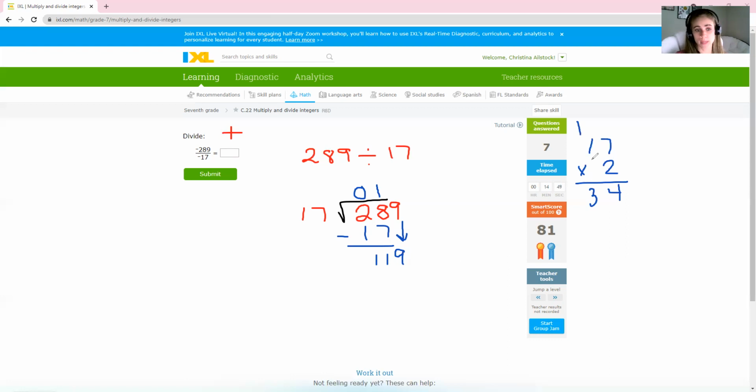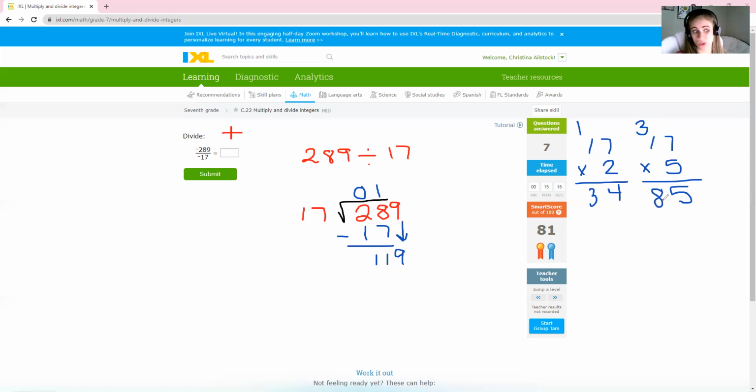When I do my multiplication method, where I call it guess and check, I always like to start in the middle. Start with whatever my number is times 5, because that helps me gauge whether I need to go up or down. 17 times 5, 5 times 7 is 35, carry the 3. 5 times 1 is 5, plus 3 is 8, so 85.